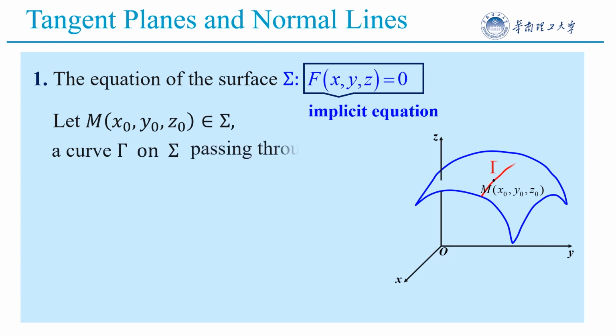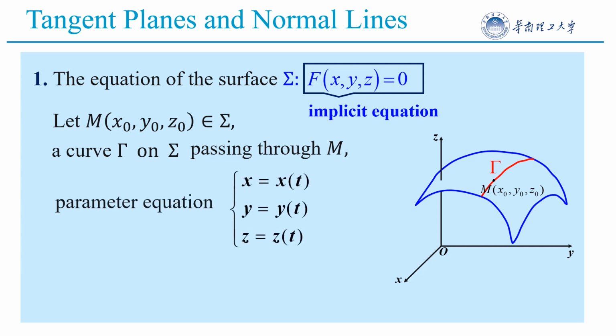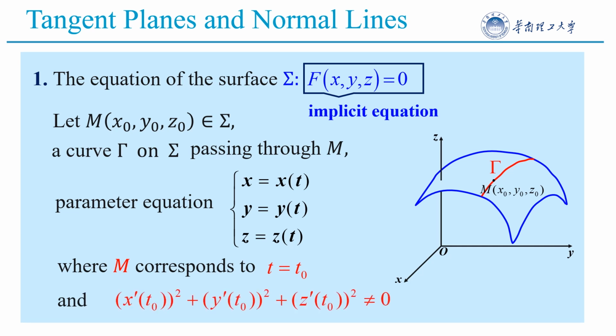Let M0 be a point on the surface, and gamma be any curve on the surface. Suppose the parametric equation of gamma is of this form, where M corresponds to parameter t0, and the sum of these three terms is not equal to 0.